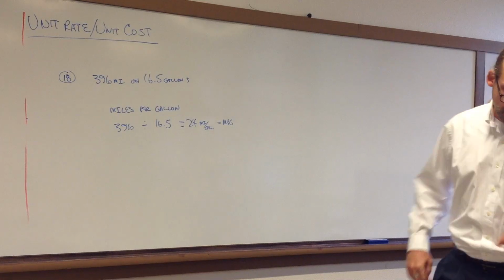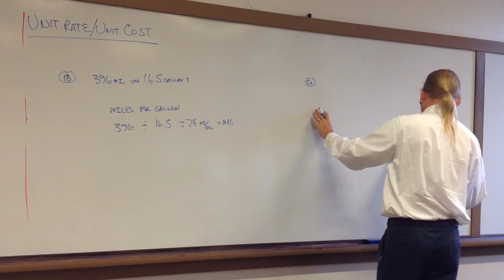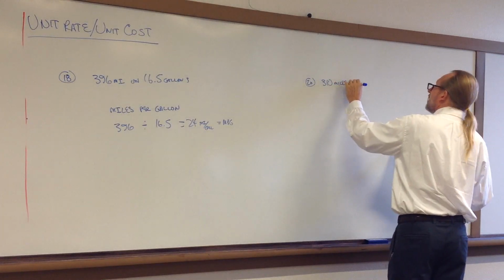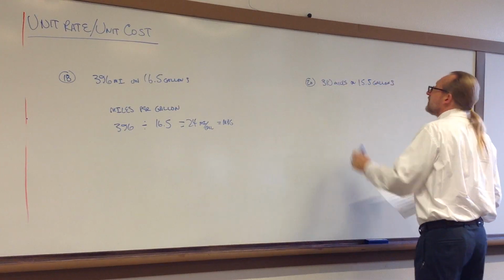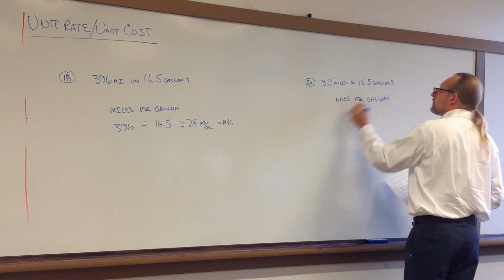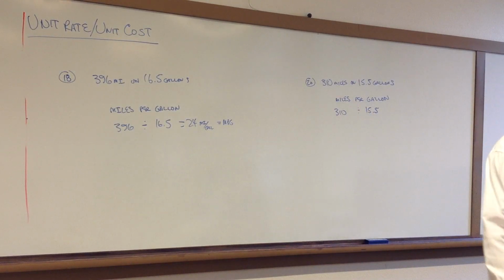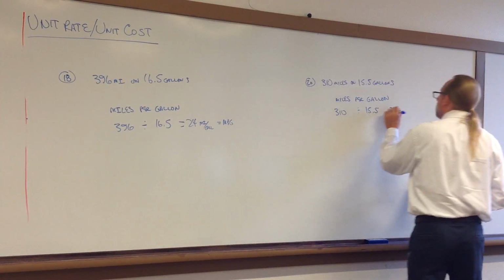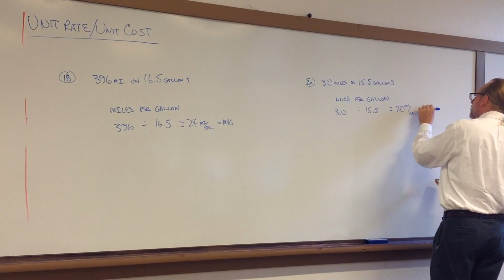Okay, let's see here. Problem 20, we have another vehicle that is traveling 310 miles on 15.5 gallons of gas. And again, we're being asked to calculate miles per gallon. So we do 310, per means divided by, and 15.5. So 310 divided by 15.5, and so that's 20 miles per gallon, and like I said, sometimes you'll see it MPG.